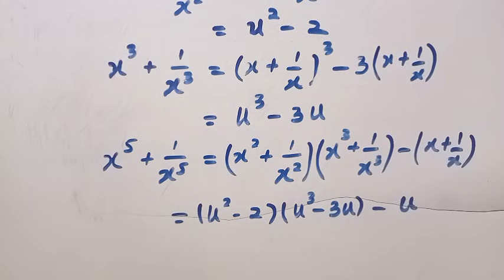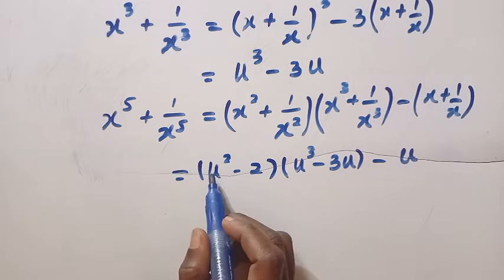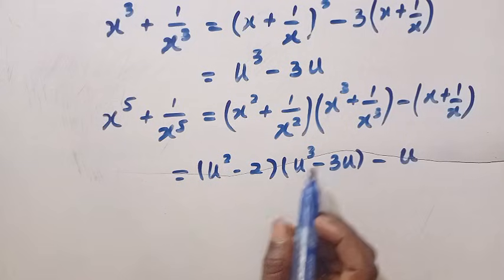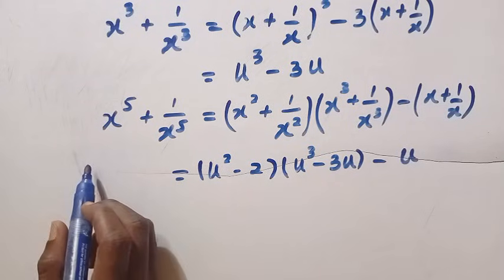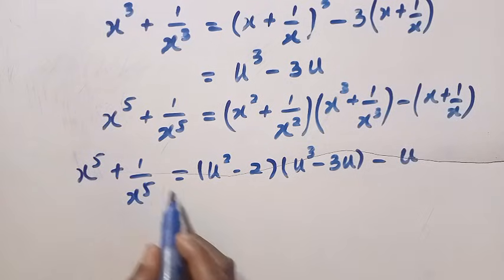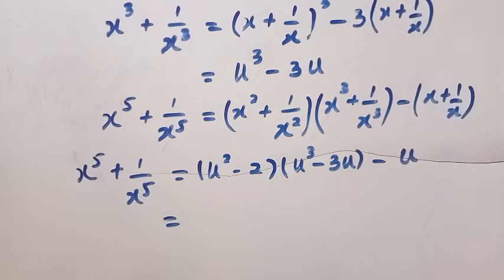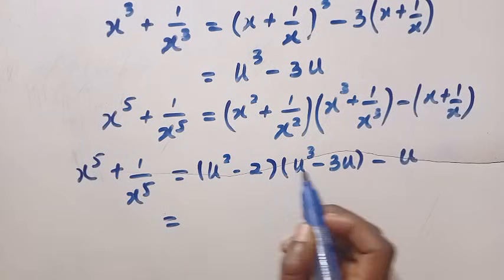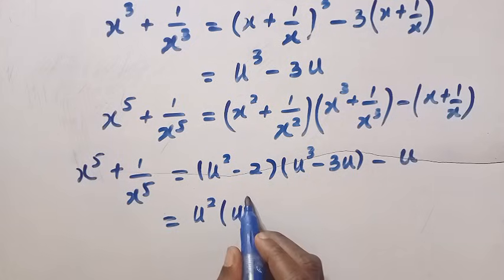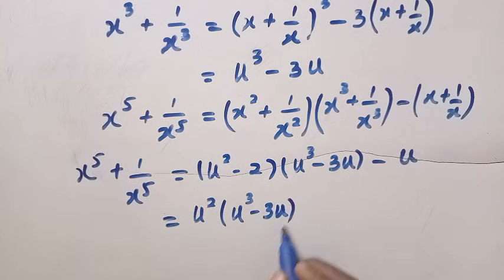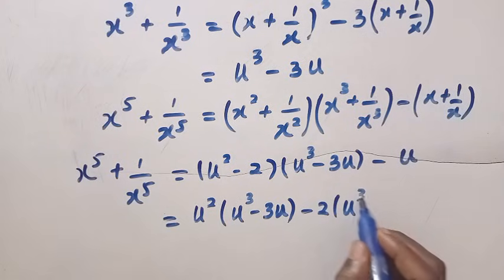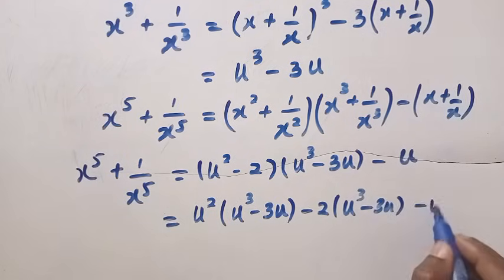So considering all this, we are going to expand u power 2 minus 2 with u power 3 minus 3u, and everything on this side is given as x power 5 plus 1 divided by x power 5. Let's expand. So we have u power 2 bracket u power 3 minus 3u, then again minus 2 times u power 3 minus 3u, then minus u.